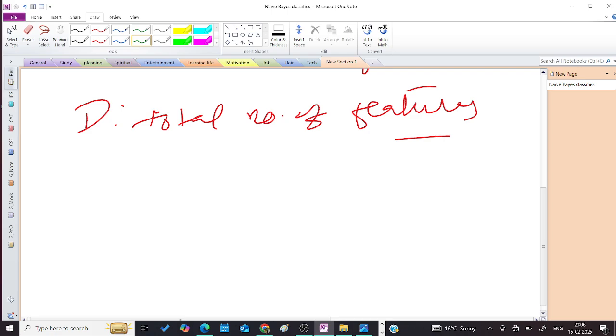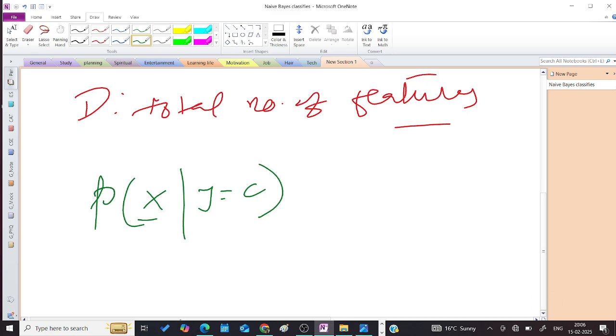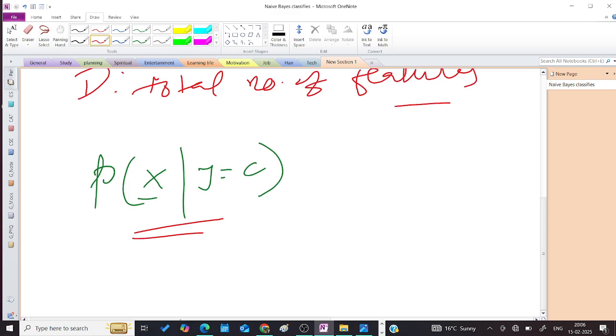Okay, so we want to find a class conditional distribution p of x given y equals c, right? So we have some assumption. The assumption is that the features are conditionally independent for each class label.